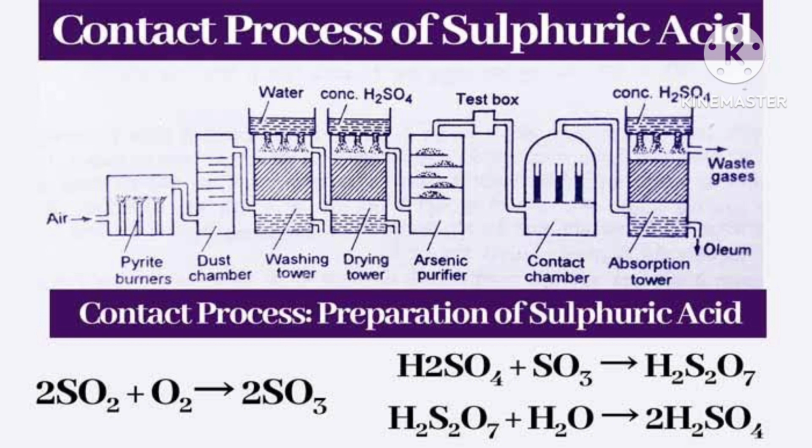The acid forms two series of salts. When an acid reacts with a base, it forms a salt: acid plus base gives salt. H2SO4 forms two series of salts. First, normal sulfate: simply sodium sulfate, potassium sulfate, copper sulfate.